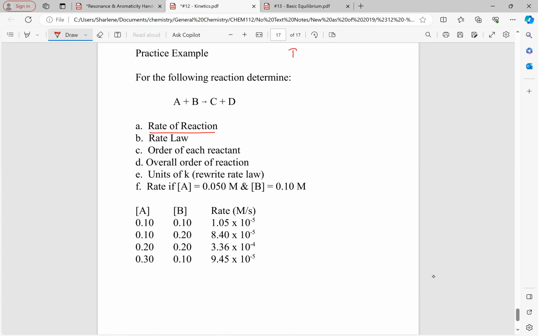Number one, if you want to compare the reactants to each other or products, then you need an equation that takes that into account. And I call that, remember, the reaction rate equation or the rate of reaction equation. Rate is rate is rate.